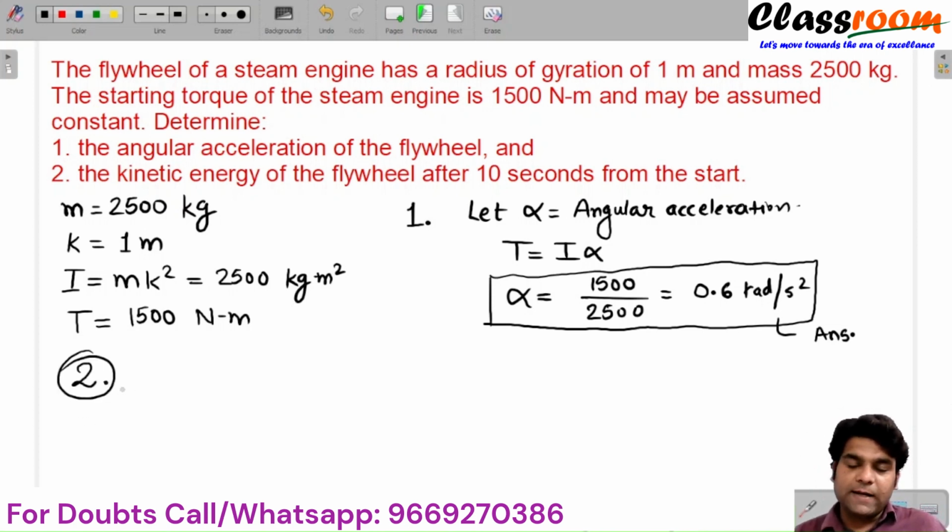And the kinetic energy of the flywheel after 10 seconds from the start.